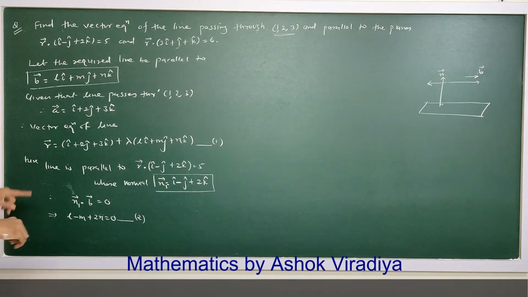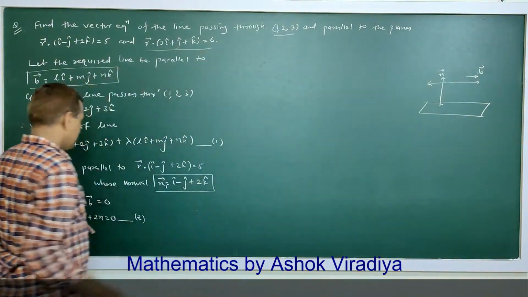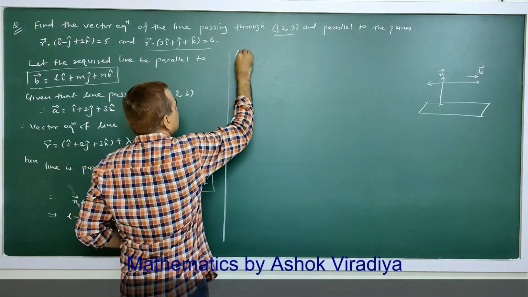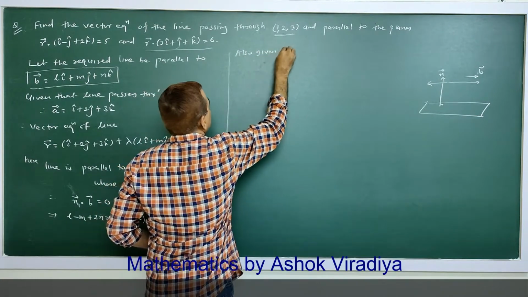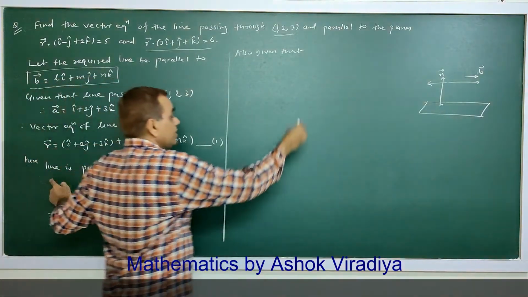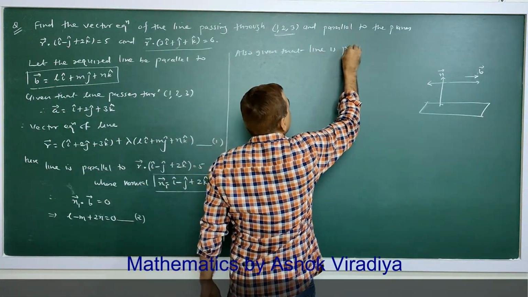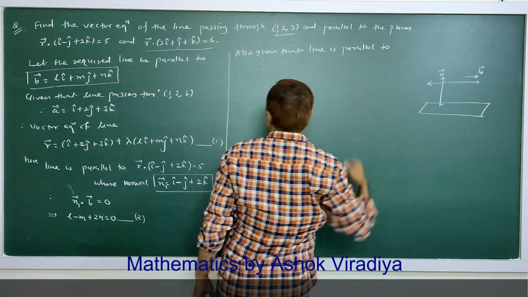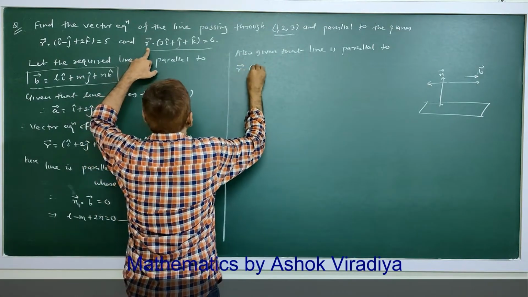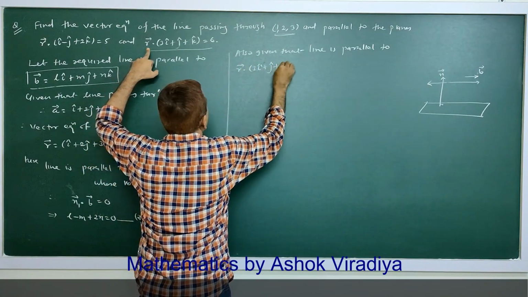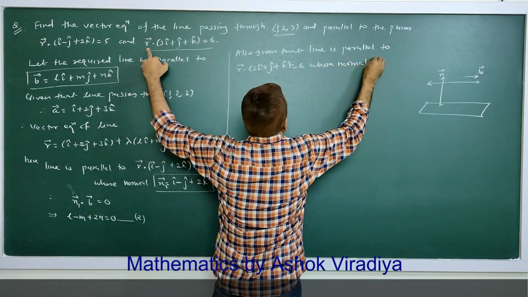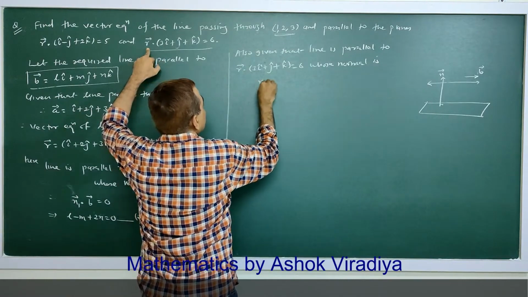Now we are also given that the required line is parallel to this other plane, the second plane, whose normal, let me say the normal is vector n2.